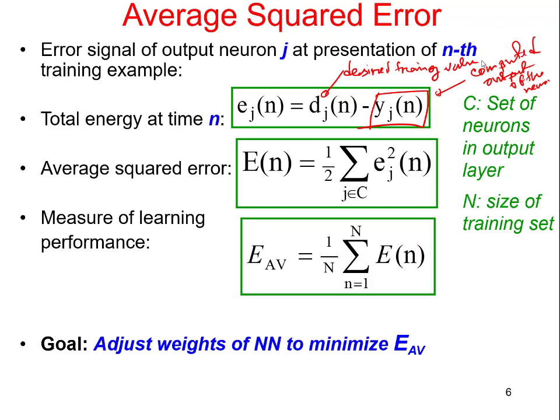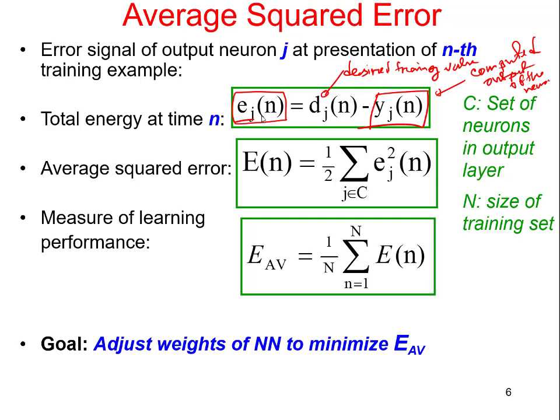The difference of these two is considered the error. So the error of the jth unit in the nth training example will be the desired training value minus the computed output of that neuron for the nth one.